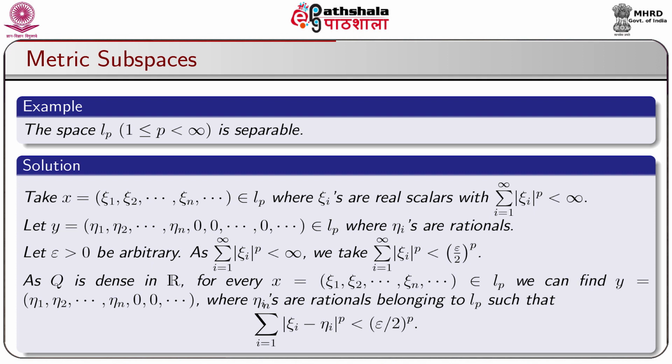We take the sum from i equal to n+1 to infinity of |ξi|^p less than (epsilon/2)^p.